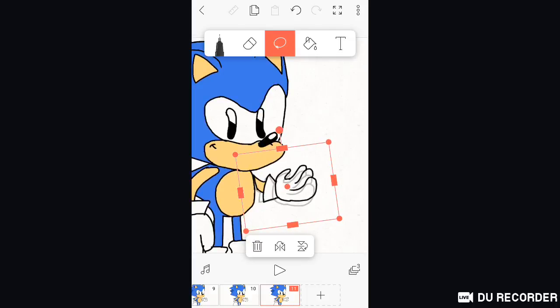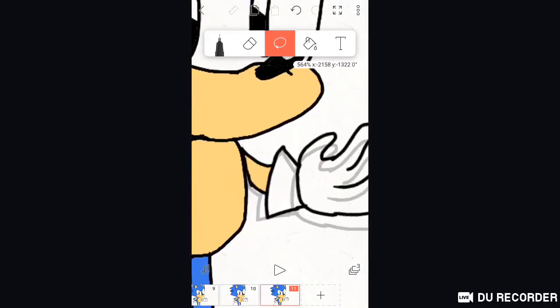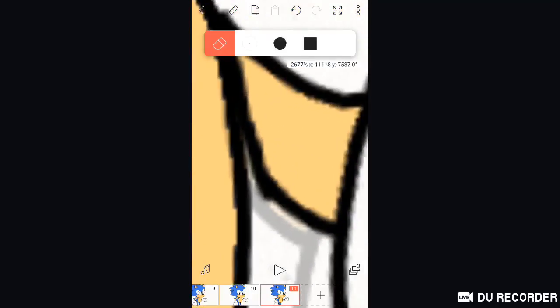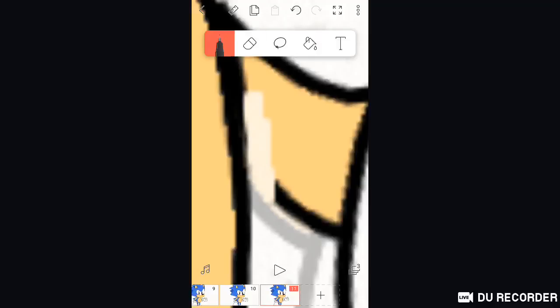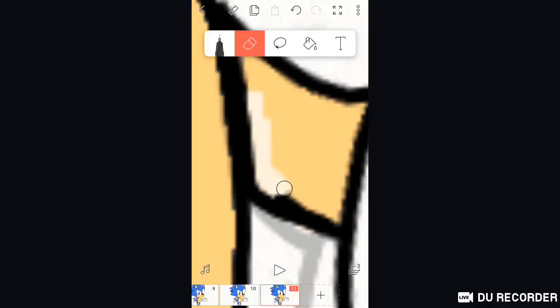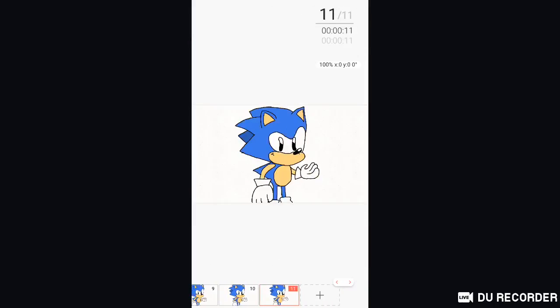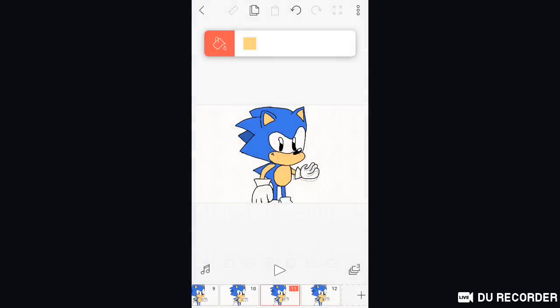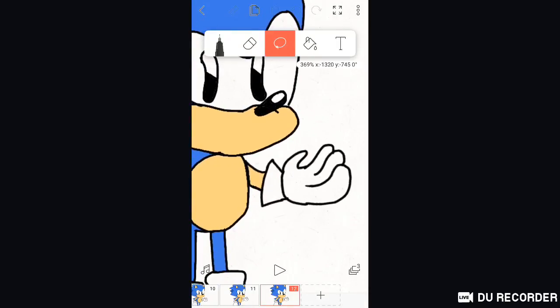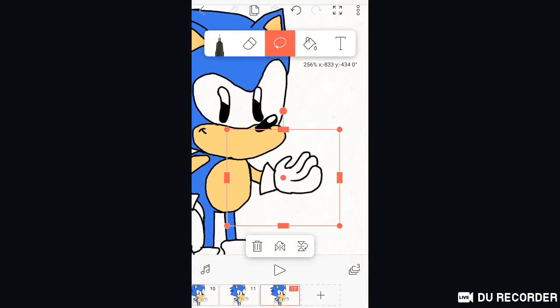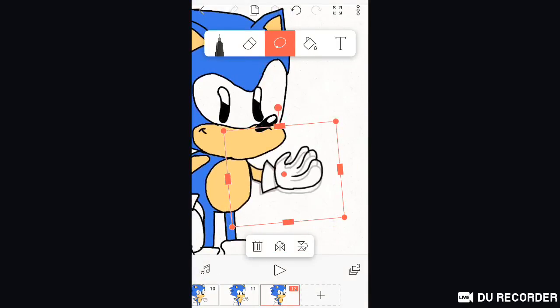But unfortunately, you have to retrace your steps, then erase, redraw, and color in again. That's the downside, but you get it. Then do the same thing until you're satisfied with the motion.